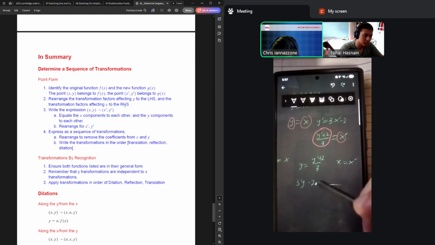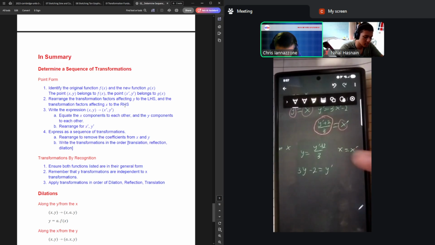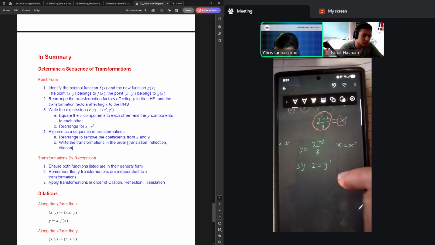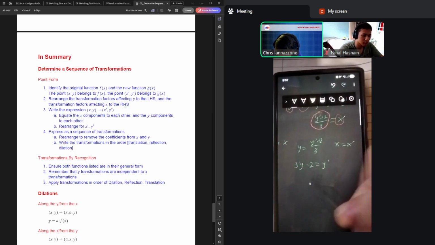3y minus 2 equals y dash, and well, that's already there. Then from there, since you're doing DRT, I want to make sure everything is expanded all the way through, which it is. And then we go ahead and do our procedure.